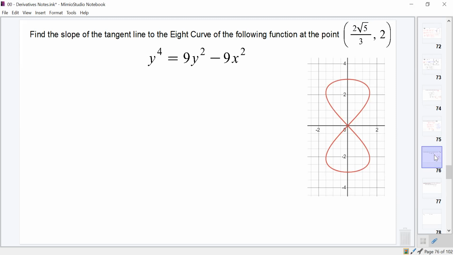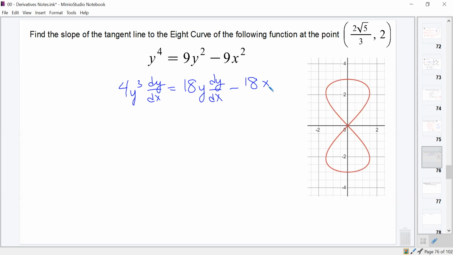Let's see if we can find the slope of the tangent line to this figure 8 curve here at the point 2√5 over 3, comma 2. So we'll first take a derivative implicitly. 4y cubed dy dx equals 18y dy dx minus 18x.